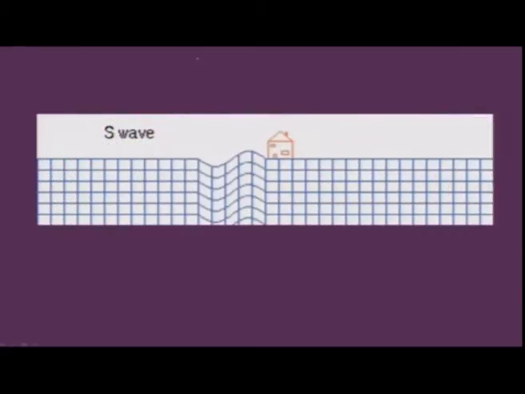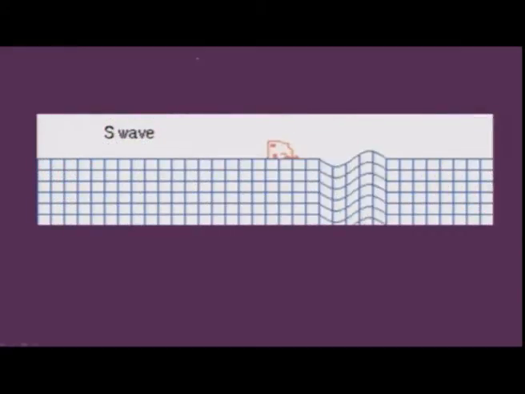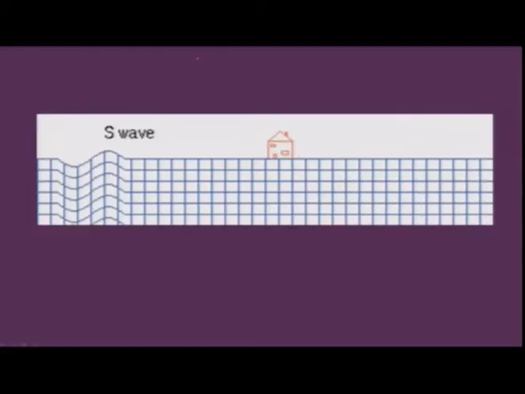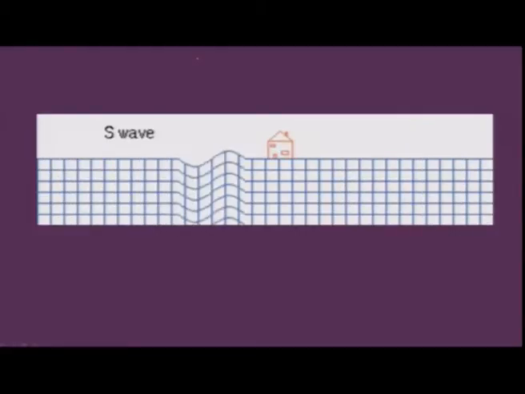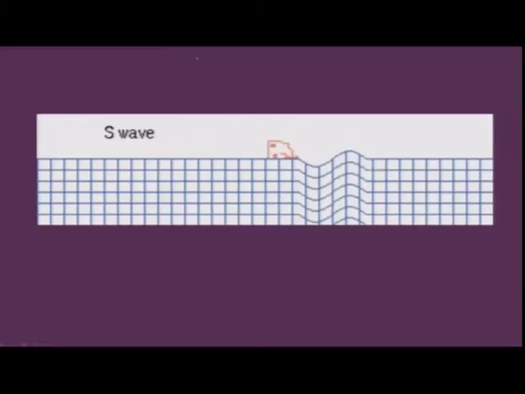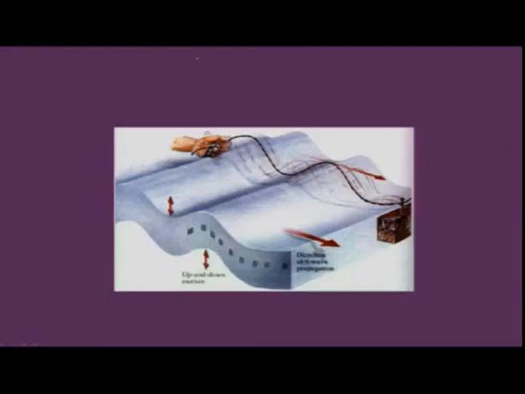Now S waves, as we have been talking about, will move the surface up and down, so they will damage the civil structures sitting on the surface. It moves the surface up and down in the direction of propagation.